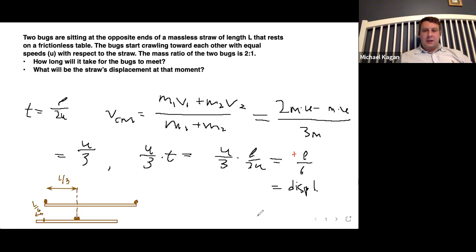Just keep in mind that this is in the straw frame. Maybe not in the straw frame. Maybe I shouldn't write that. Okay. I guess you can still make use of this calculation.